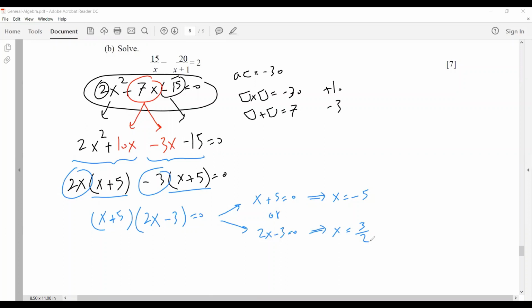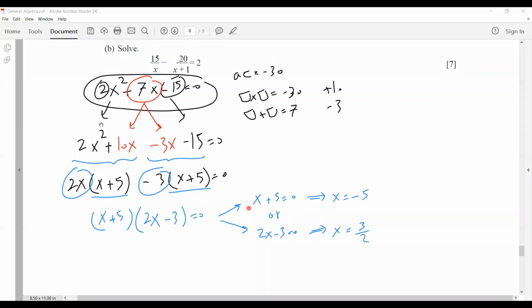Again, at this point, after you find the equation, you're free to use any factorization, or as a matter of fact, you can use the quadratic formula as well, because they didn't limit you. They just said solve it, but that would be lengthy. So if we can factorize a quadratic equation, we go for it, right? The quadratic formula is our last resort.